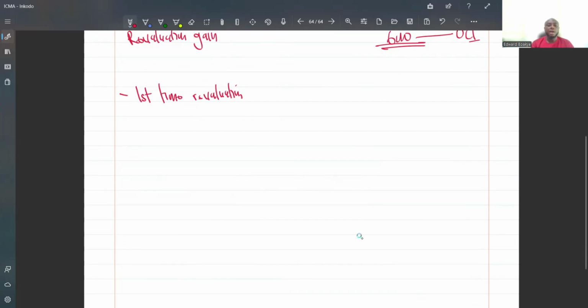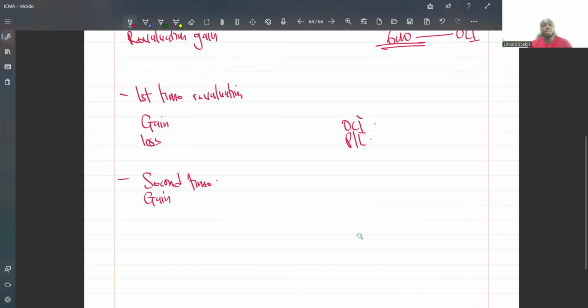Okay. Now, first time we've gotten a revaluation gain. So that gain should go to OCI. If the first time it was a loss, then that loss goes to P or L. That's first time. Okay. Let's do it the second time. So the second time you did a revaluation again, and let's say you got a gain.